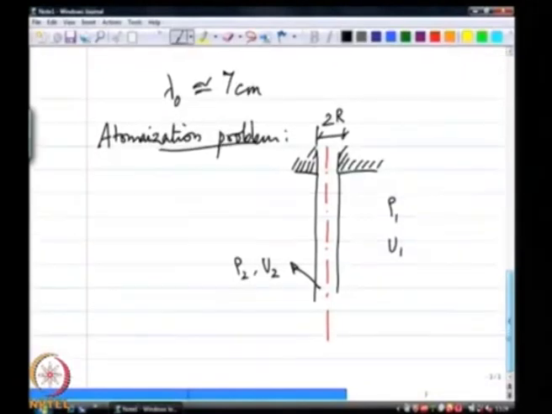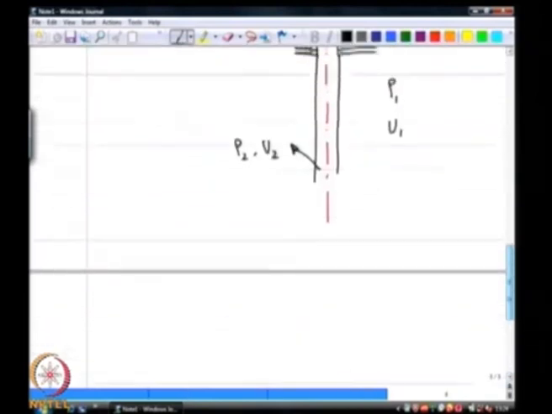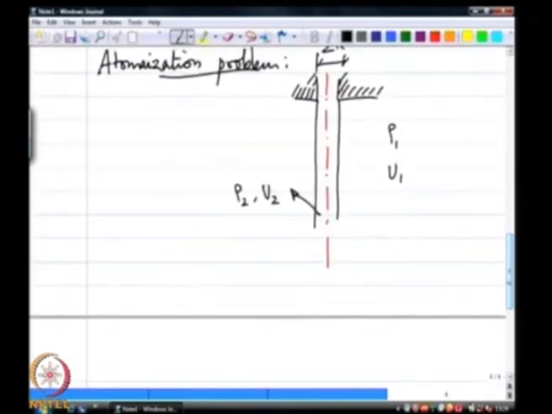Okay, the air is at some velocity u 1 and the fluid is at some other velocity u 2. Now, what we do actually end up considering is not this problem, but the case of an infinite cylindrical jet.